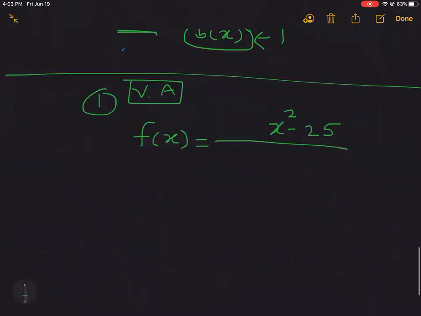In the denominator, we have x squared plus 2x minus 35.